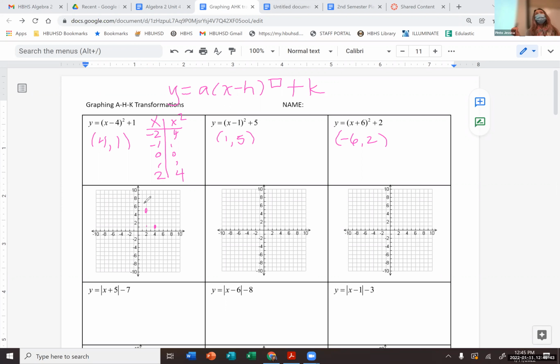To plot the next ordered pair, I'm going to plot that whole parent t-table. So the next ordered pair is -1, 1. So pretending that 4,1 is the origin, -1 is left 1 unit and then up 1 unit.